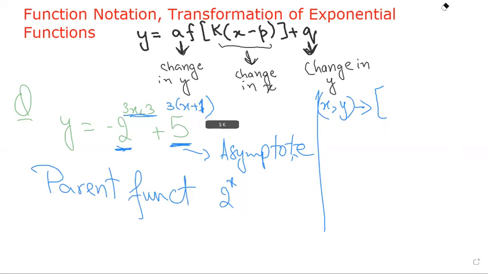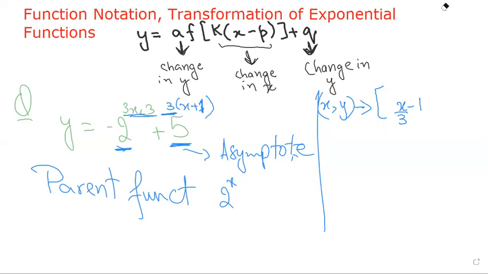Now keep this thing in your mind, x's are weird. If x is adding something, it means you have to subtract that thing in the transformation. If something is multiplying with x, it means we have to divide it. So here we can see that 1 is adding in x. So I'm going to write like this: 1 is subtracting from x. I'm going to do the opposite of that thing because it's a transformation. Now I can see that this 3 is multiplying with x. So it means that I have to divide x by 3. So see how I can just write my notation for the x.